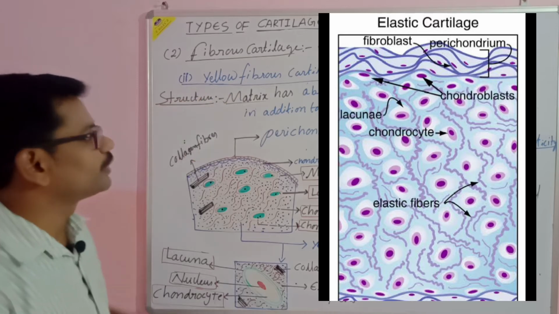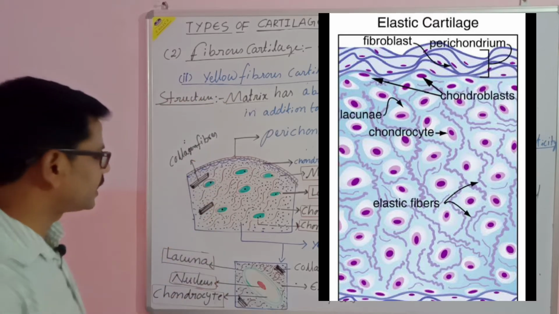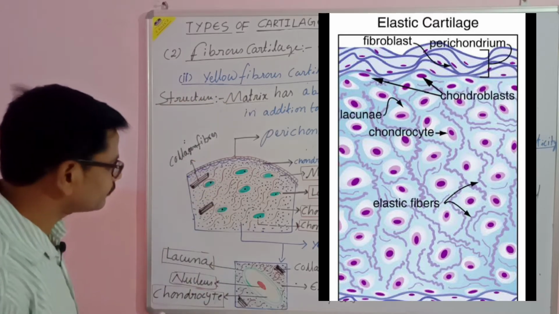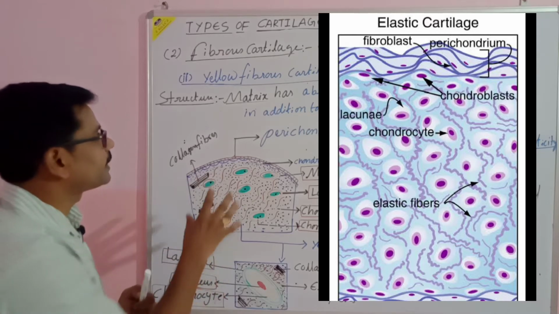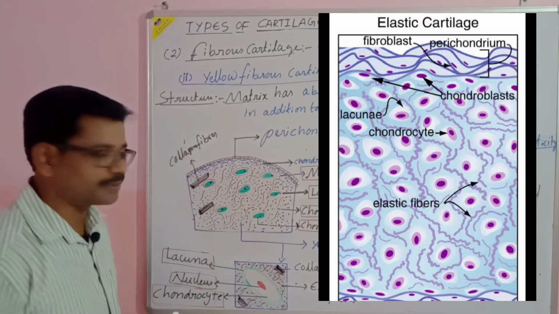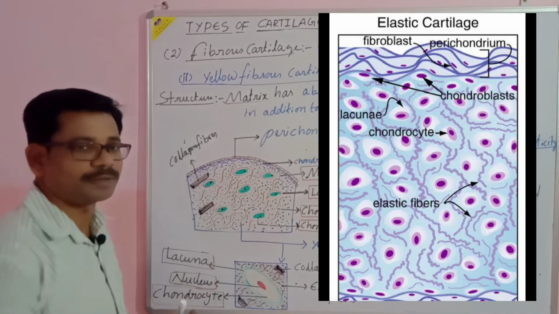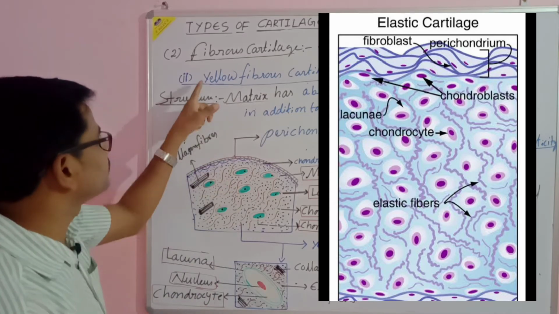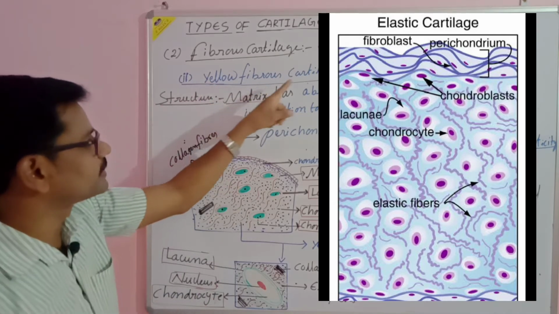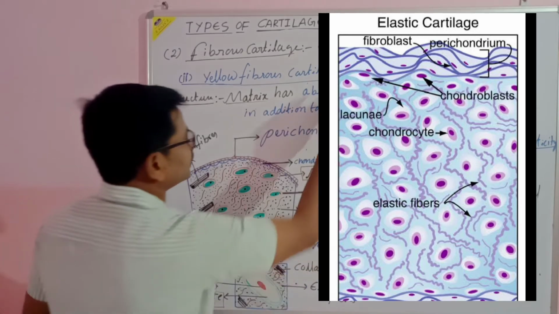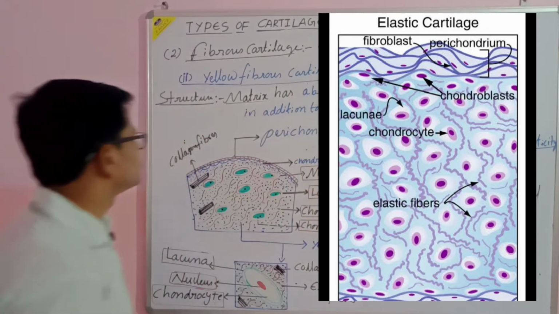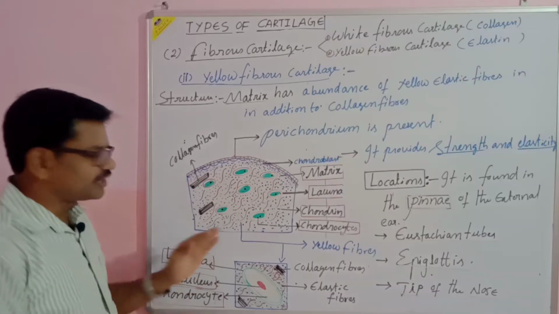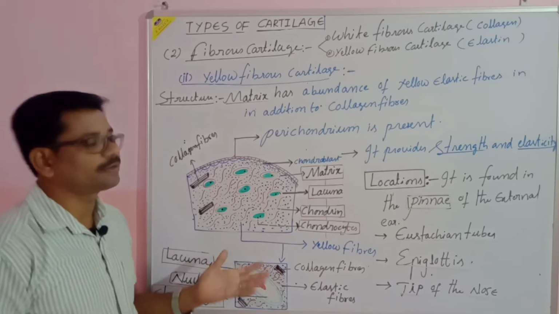What is the meaning of yellow fibrous cartilage? Just check the diagram, you can understand easily. In it the predominant fibers are elastic fibers. These fibers are made up of a protein called elastin. That's why the name is given as yellow fibrous cartilage. Basically, yellow fibrous cartilage is contained like white fibrous cartilage.